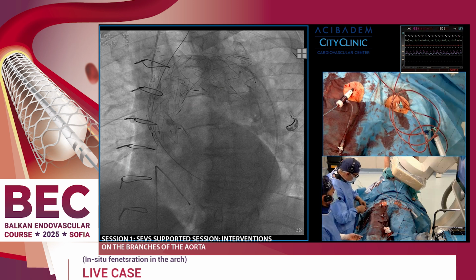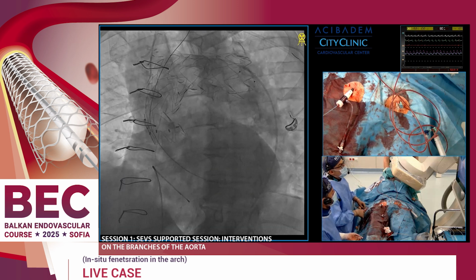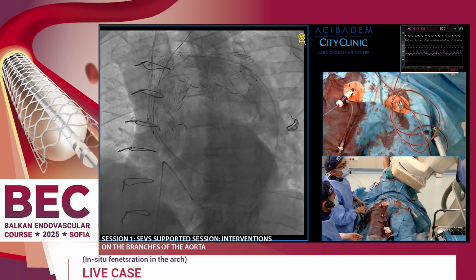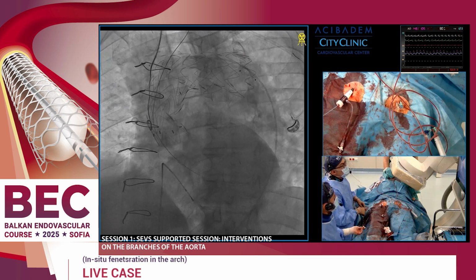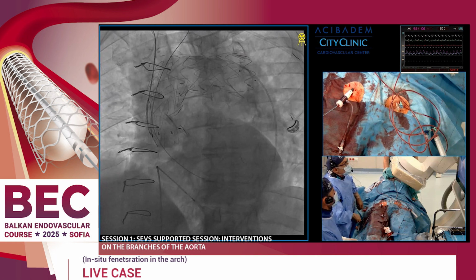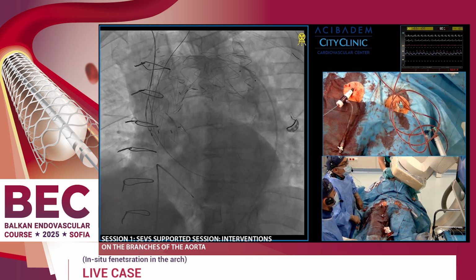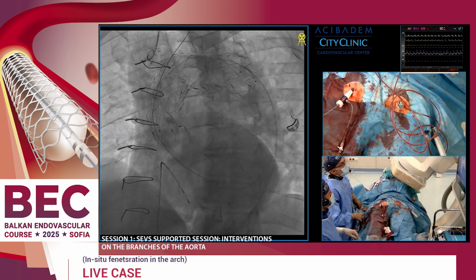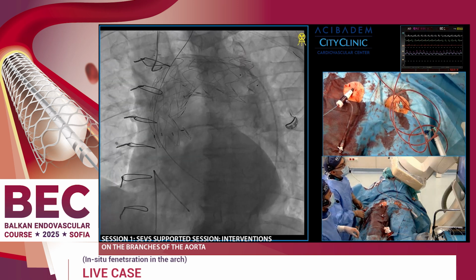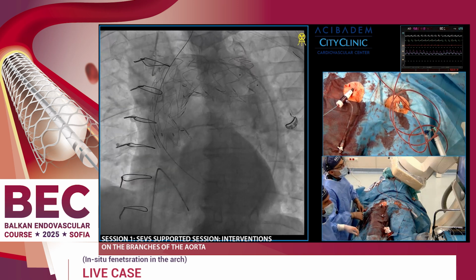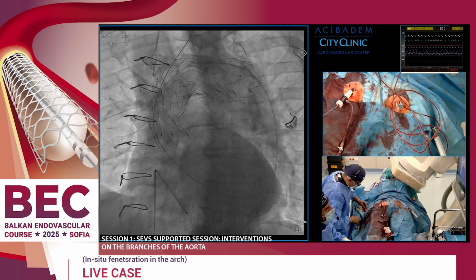It means we have a good apposition of the proximal covered part over the healthy aorta. In fact, we are probably inside the surgical graft. So as I mentioned, in such a situation we are using the surgical graft as a landing zone. Okay, and now the pigtail is inside the brachiocephalic trunk, touching the graft in the aorta.